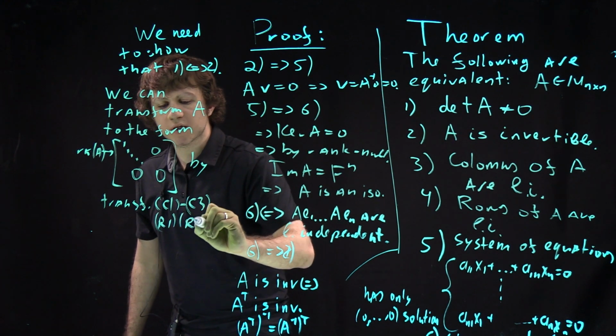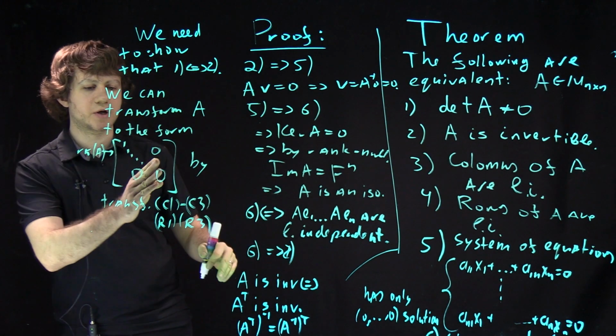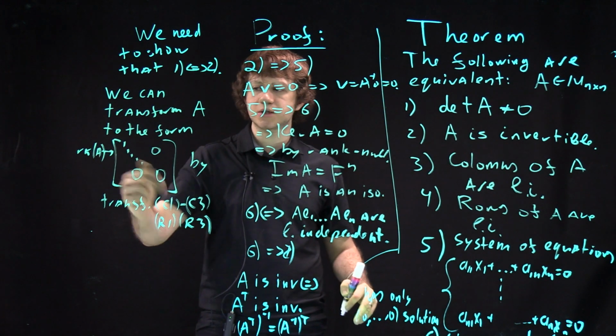So remember, you can always move a matrix to this form where you just have ones on the diagonal and everything else is 0, and the number of ones is the rank.